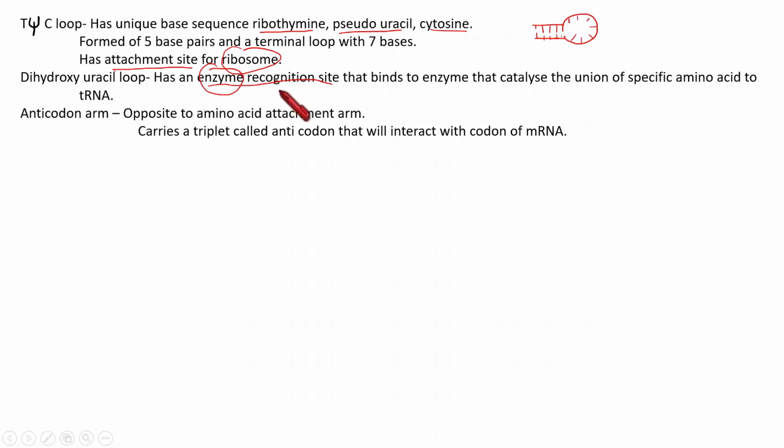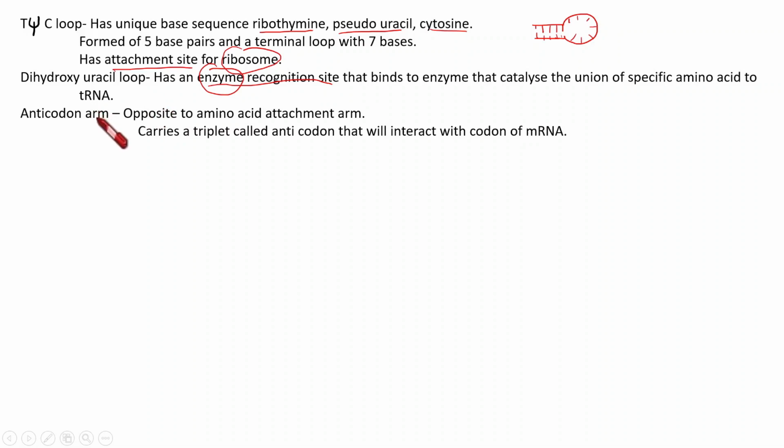Amino acid tRNA synthetase. So for that enzyme, this dihydroxyuracil loop possesses a recognition site. Okay, that's about the importance of that loop. That means for every loop, there is some significance.